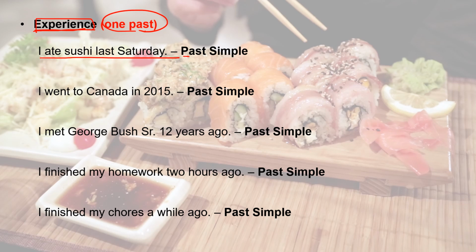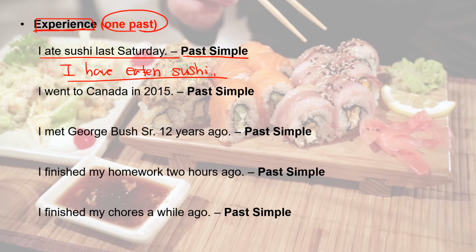So this past simple can be I have eaten sushi. So this I ate sushi is simple past. This is done deal. But this experience can be I have eaten sushi. So by this, people would know that I have an experience of eating sushi.